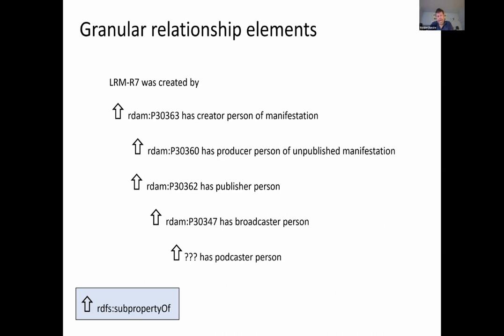So it could be that in the future there is a requirement to specifically describe the role of somebody who podcasts, and so we might have a new element called podcaster person. And this would fit into the hierarchy here. And all of this is being done using a single ontological relationship property called subproperty of. So the actual mechanics of this are fairly simple.